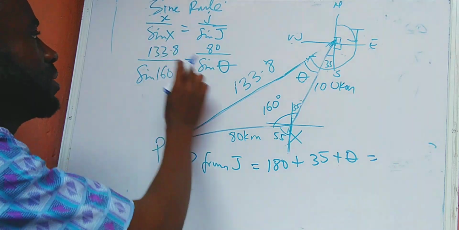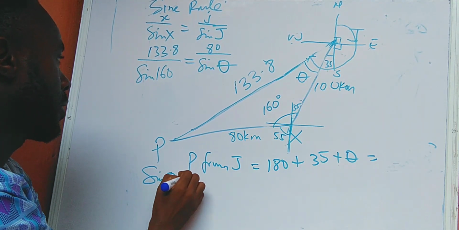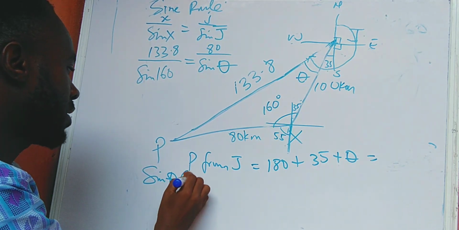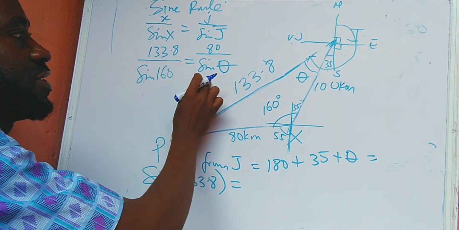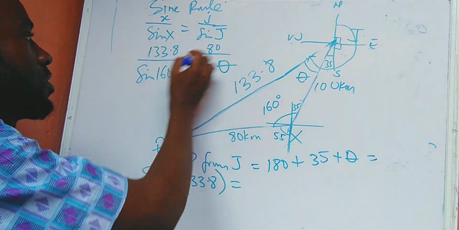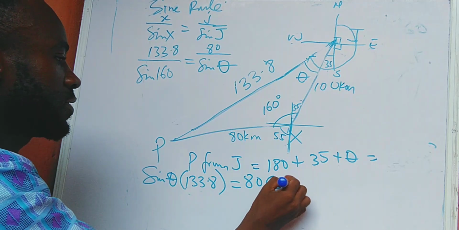If I cross multiply here, I'm going to have that sine theta times 133.8 will be equal to 80 times sine 160.